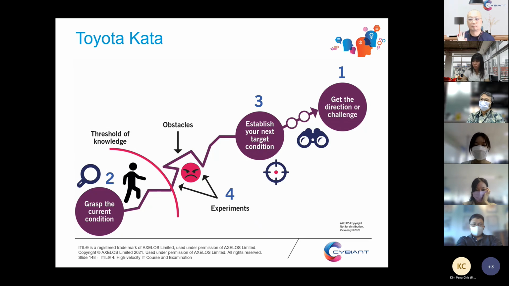Step one, figure out where you want to head. Step two, assess the current situation. Step three, assess the to be. Then look at how you overcome the obstacle. And of course, they're saying that you use the keyword here, experiment. Any question on Toyota Kata?